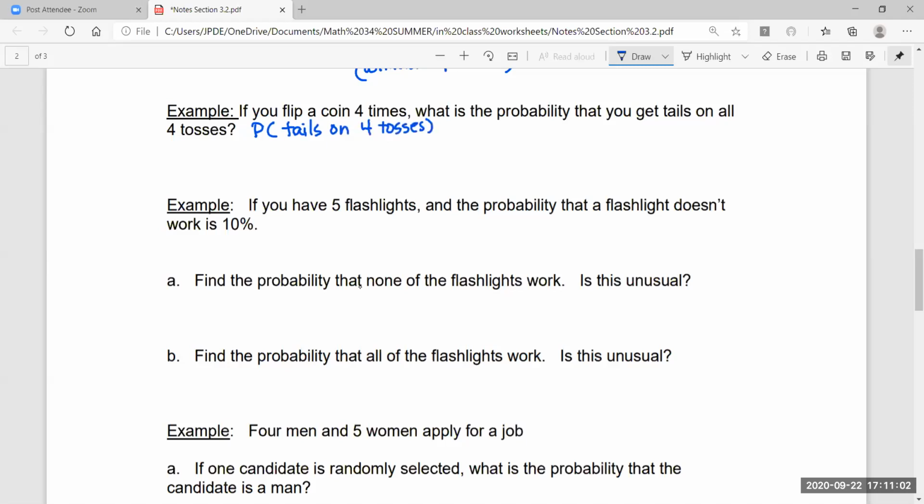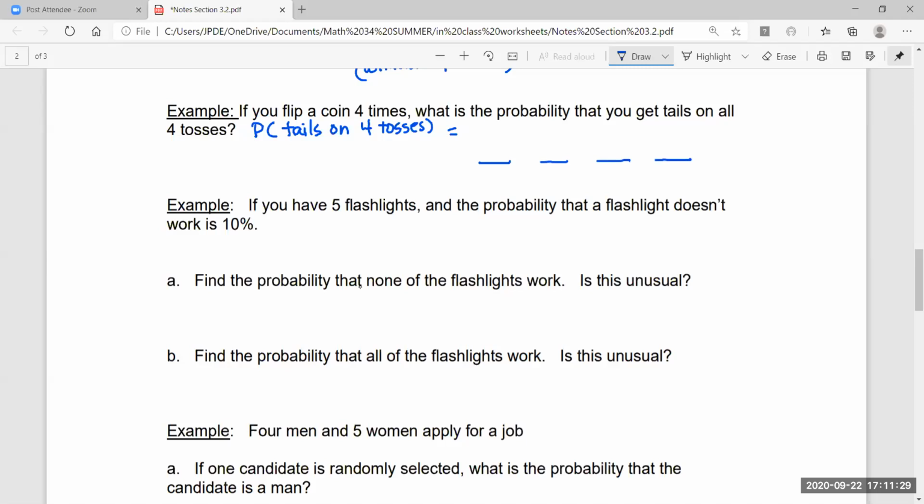So what that means is the first one's going to be tails. And you know what I like to do is think of the different trials as little blanks I'm going to fill in. So the first one is tails, and the second one's tails, and the third one's tails, and the fourth one's tails.